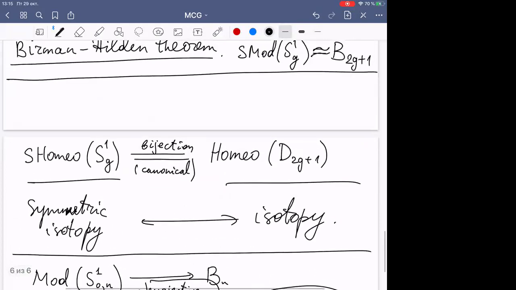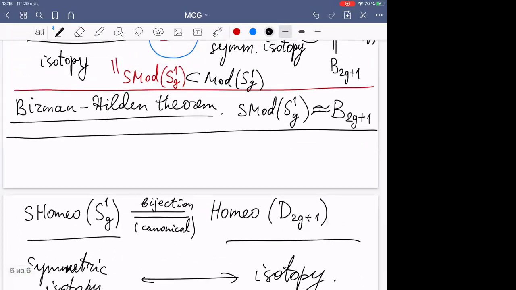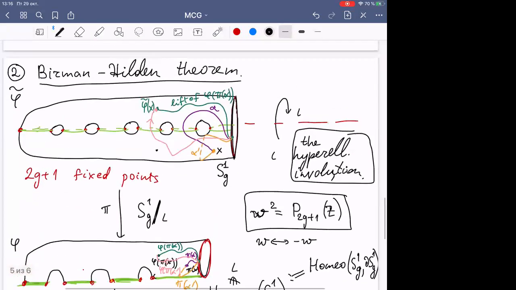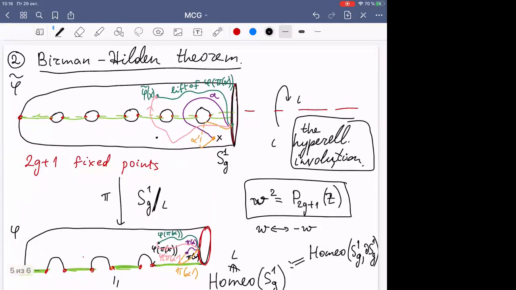Okay, let us return to our Birman-Hilden theory. We have proven this easy part. Before coming to the difficult part, let us discuss two more situations. There are two other versions of this situation. Here we have a surface with one boundary component and this hyperelliptic involution.